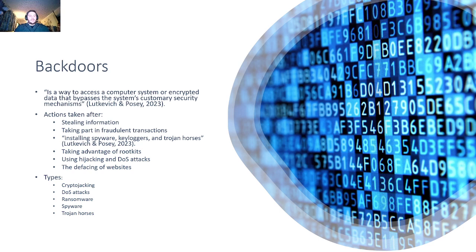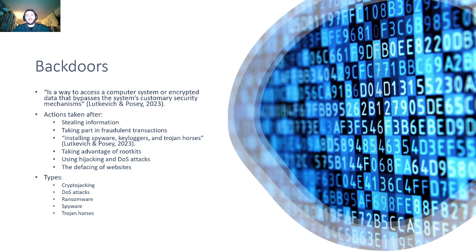Now, cryptojacking, so different types of it. Cryptojacking is where an attacker uses the targeted system to crypto mine, to gain cryptocurrency or anything like that. I just talked about DoS attacks. Ransomware is when they hold certain information for ransom, so it could be financial, it could be a list of demands, it depends. And if they aren't met, then the attacker can either leak or destroy this data.